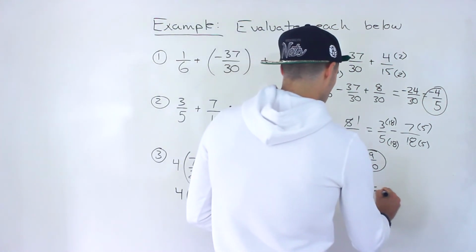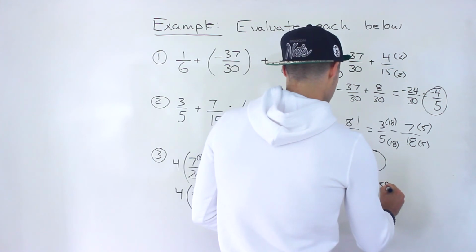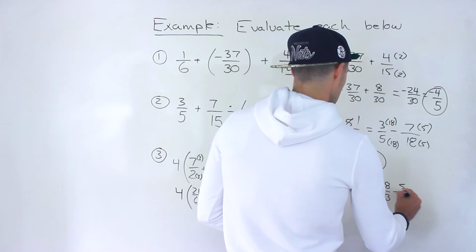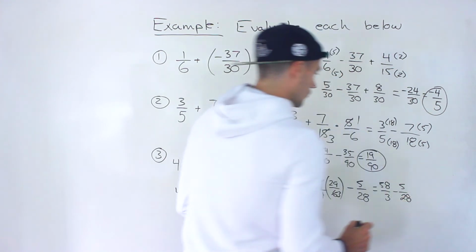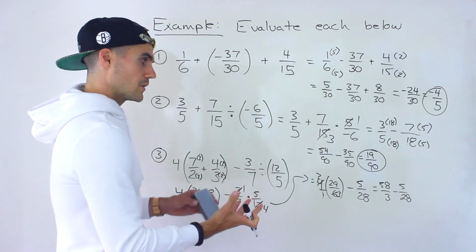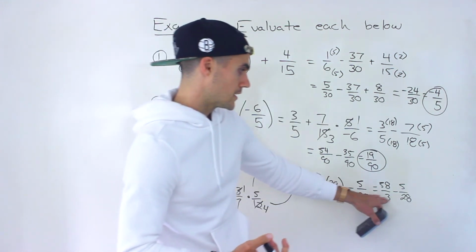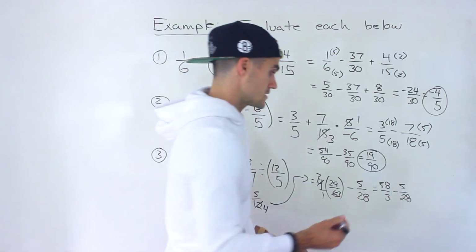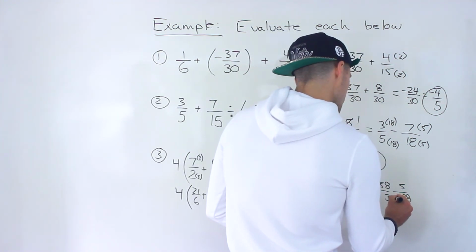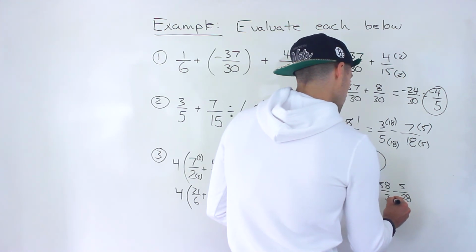And so we would end up with 58 over 3 minus 5 over 28. And then what we have to do here is find a common denominator between these two. The common denominator would be 84.